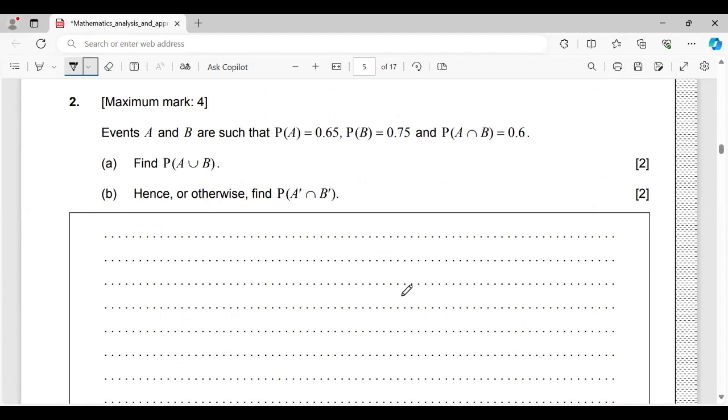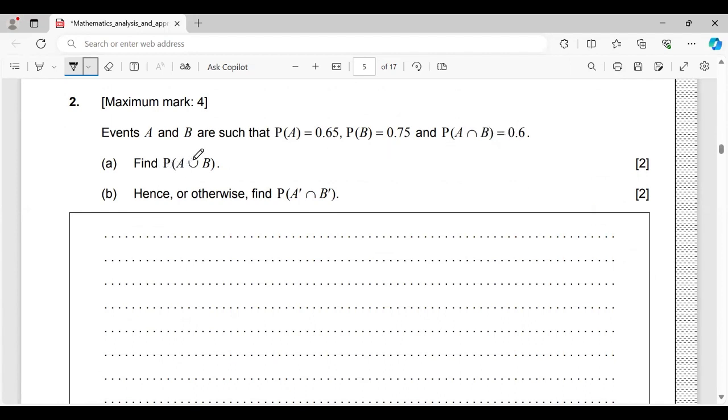Number 2. Events A and B are such that probability A equals 0.65, probability B 0.75, and probability A intersection B equals 0.6.